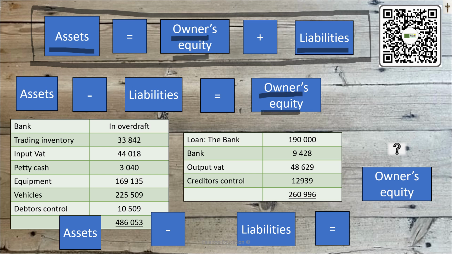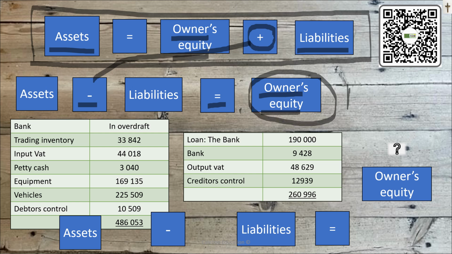Now if I take this plus sign to the other side of the equal sign, according to math rules, the plus will become a minus. And that will leave owner's equity on the right hand side. We are trying to calculate owner's equity.